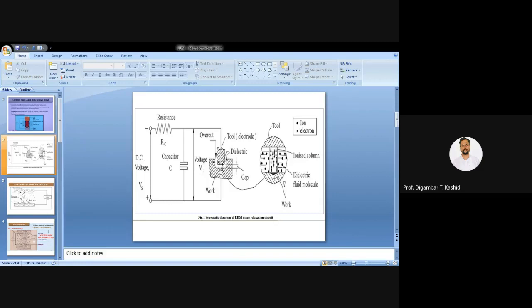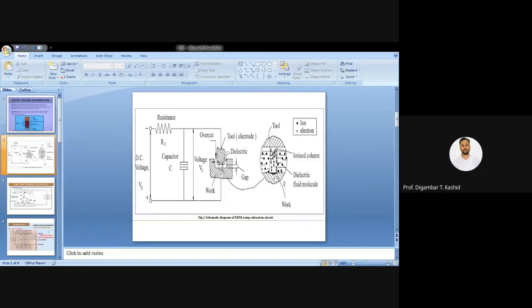When you apply some DC voltage or DC pulse power voltage, this capacitor will charge. I repeat, when you are applying some DC pulse power voltage, that voltage is around 20 to 80 volts.